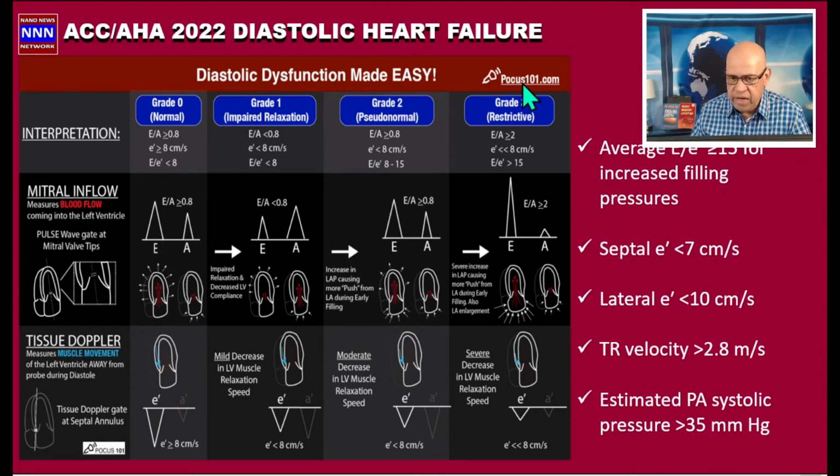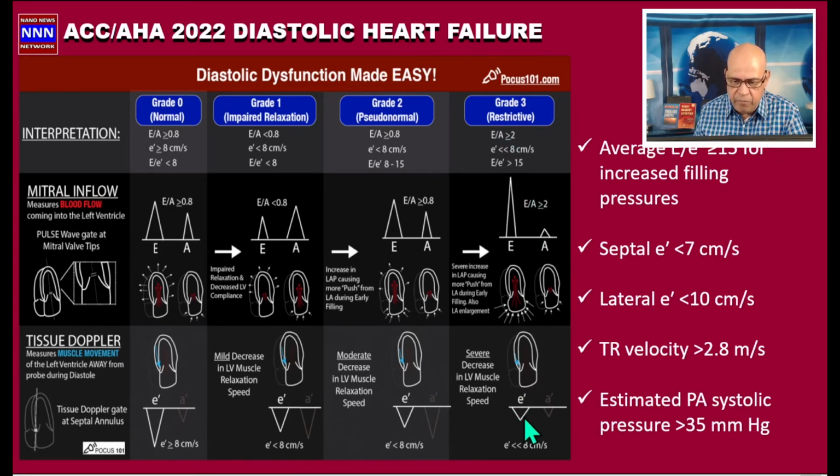Then finally, we have grade 3, which is the restrictive pattern where the ventricle can hardly expand. That is grade 3 diastolic dysfunction. It is characterized by a dominant E wave, which is at least 2 or maybe 2.5 times larger than the A wave, E to A ratio being greater than 2.